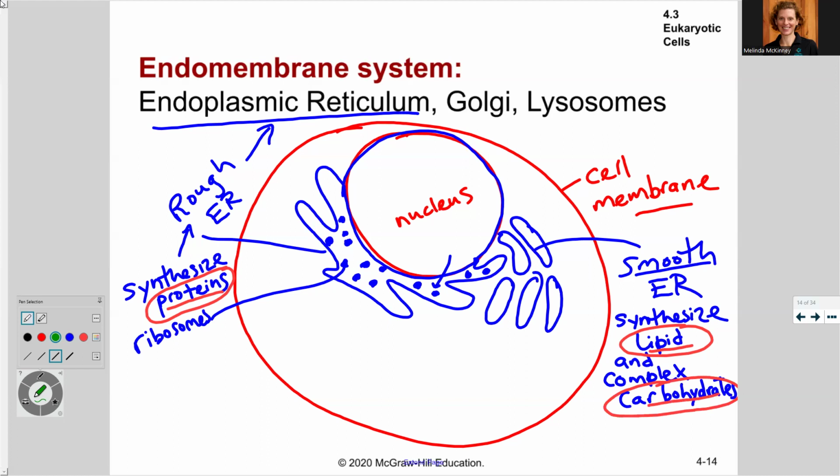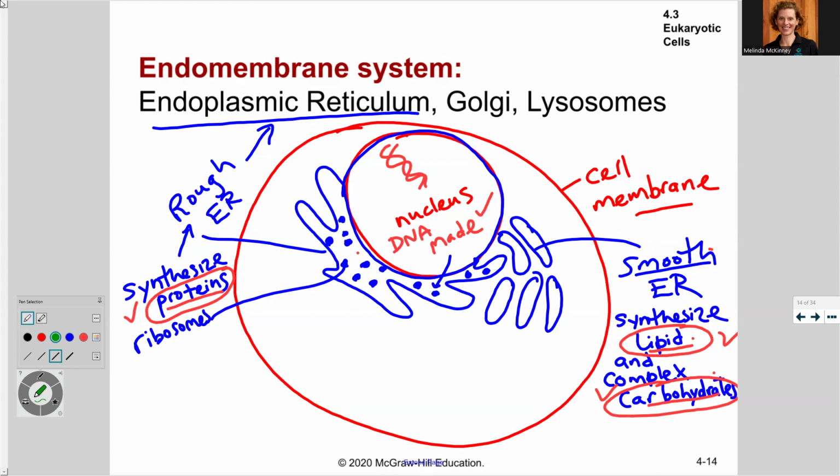The proteins are made in the rough ER, the lipids are made in the smooth ER, and the complex carbohydrates are also made in the smooth ER. Where are the nucleic acids made? Well, let me ask you, what's in the nucleus? DNA, right? So this is where DNA is made. So now we know where the lipids are made, where the complex carbohydrates are made, where the proteins are made, and where the DNA is made.